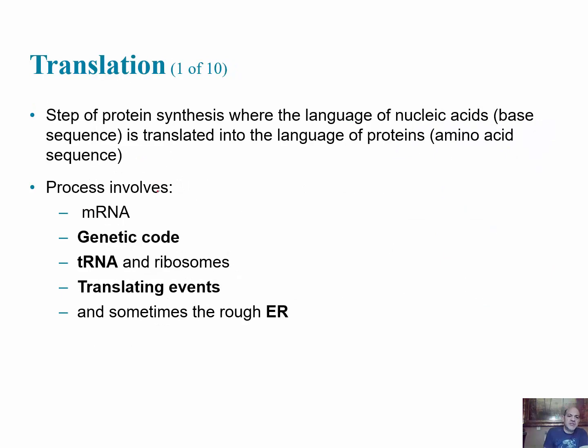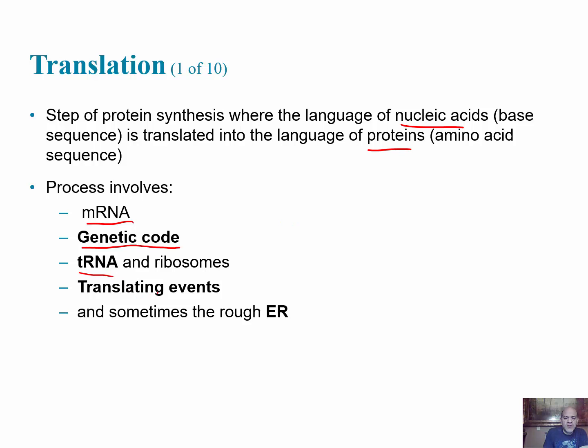So for translation, translation is where we're going to go from nucleic acid language to protein language with our amino acid sequences. The process is going to involve using mRNA. We're going to need a genetic code, the code that every 3 letters is going to be a code for an amino acid.